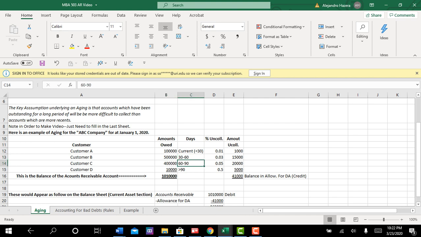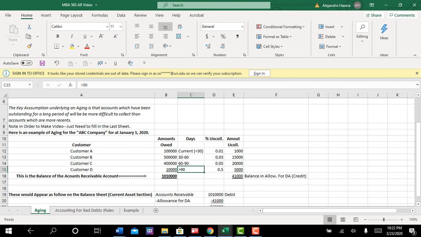Customer C owes $400,000, and on average, they're paying between 2 and 3 months. And that would be overdue because paying on time would be 30 days. All these other customers are paying a little bit overdue. And then finally, customer D has a small account, $10,000, and it's 90 days overdue. So it's getting near the 100% uncollectible point.